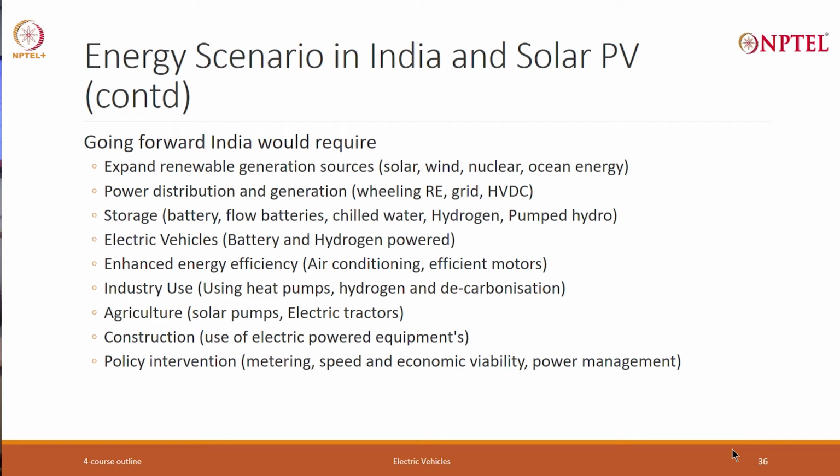Electric vehicles will play an important role, battery and hydrogen powered, enhanced energy efficiency in air conditioning, because if we use a lot of energy in air conditioning, it will impact our GHG emission. Industry usage, use of heat pumps, hydrogen and decarbonization. Agriculture, solar pumps and electric tractors. Construction, use of electric power equipment, policy intervention, metering, speed and economic viability, power management.